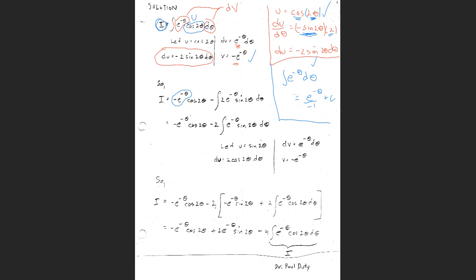So let's see, we got v u here. Again, the integration by parts, let me just write: the integral of u dv is equal to u times v minus the integral of v du.